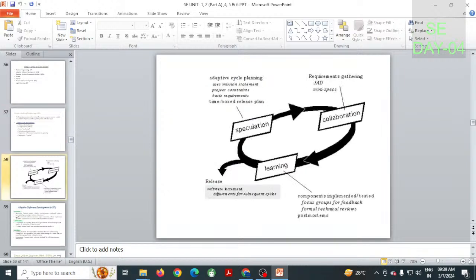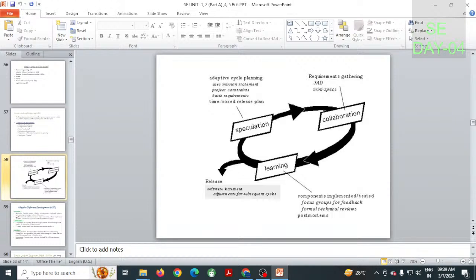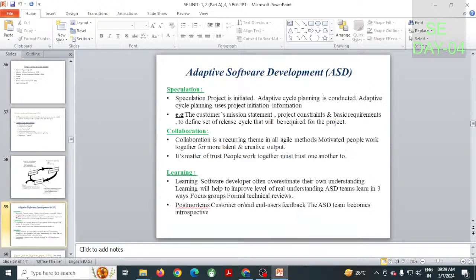Now, this is the graphical representation of adaptive software development. Importantly, we are going to discuss speculation, collaboration and learning. This is a pictorial representation of ASD. What is speculation?